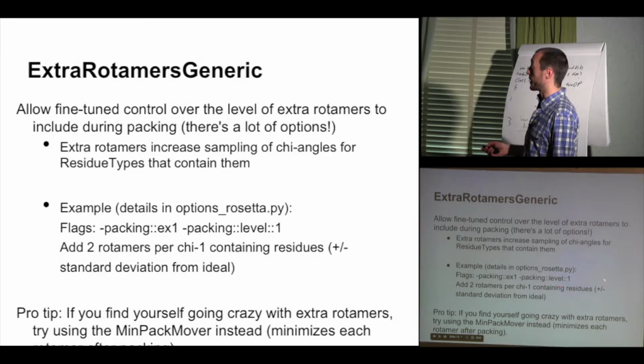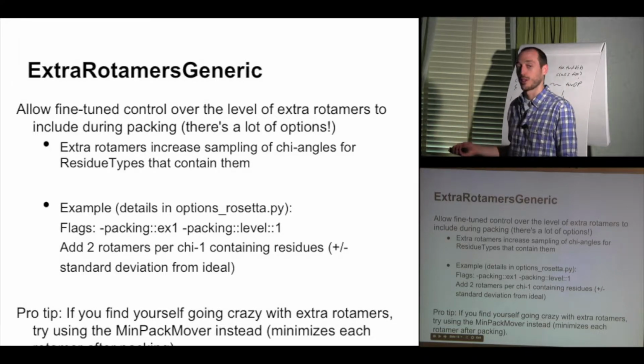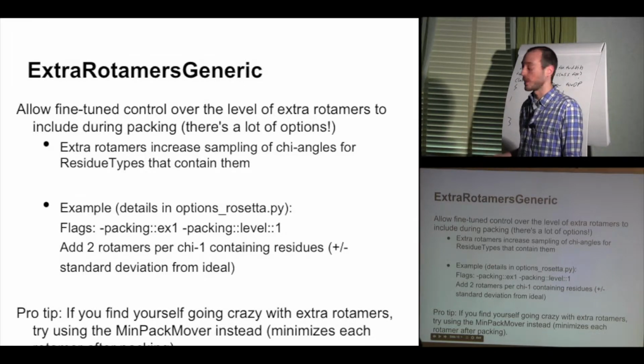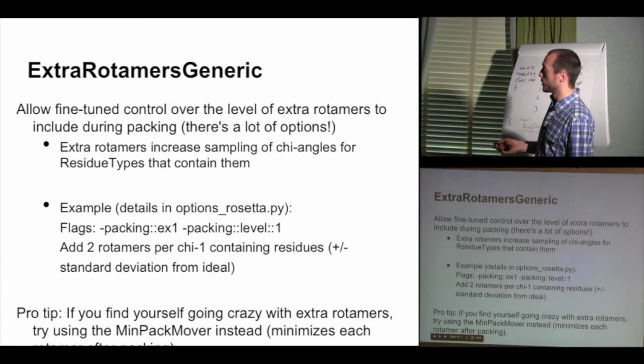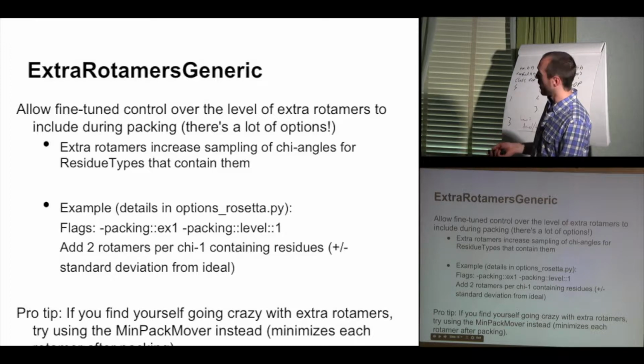There's some pretty detailed explanation of what some of this does in the options Rosetta.py, which is where all of the options are for Rosetta. If we haven't gone over that yet, I don't think we have. But this is where all of the options that Rosetta can take in from the command line live. So if this detail isn't enough, then I suggest looking there.